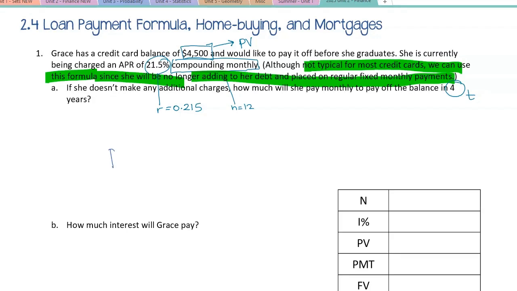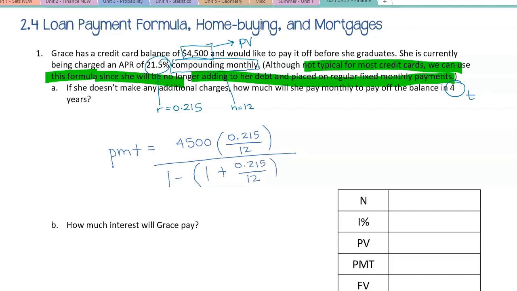Using the formula at the bottom of the page, we're going to get payment equals that PV, 4,500, times the rate all over the number of compoundings, which is 12, all divided by 1 minus, then parentheses 1 plus the rate all over 12 raised to the negative 12 times 4.